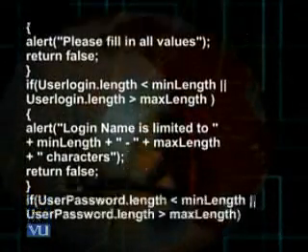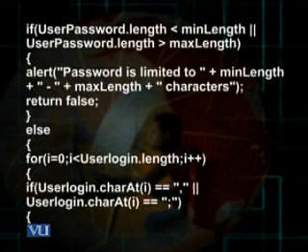Let's go to our next check. That is in relation to the password now. It's quite similar to the previous one. You can see the third if statement, if user password dot length is less than min length, or user password dot length is greater than max length, then the alert box should state password is limited to plus min length, plus there would be a hyphen, plus max length, plus characters.